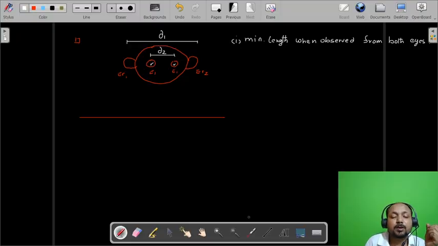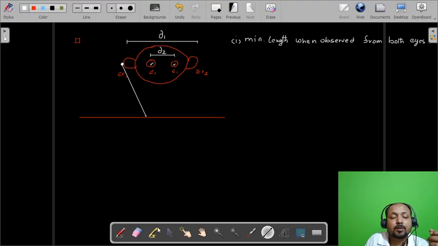So let us trace the ray diagram. Same thing we will do again. If the image of the full face has to be observed, then from the end of the face the image should emerge and enter the observer's eye, which is itself the object. So let's say this is the incident ray, this is the reflected ray.